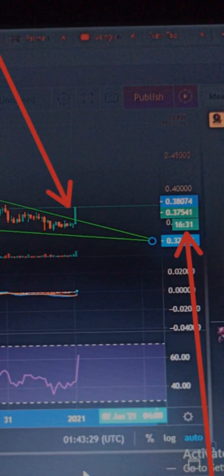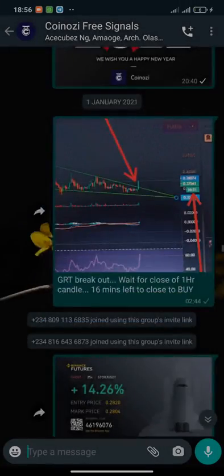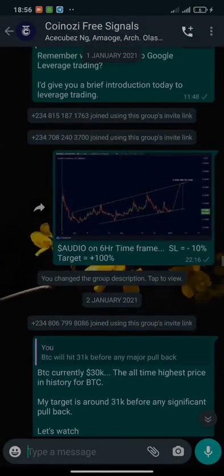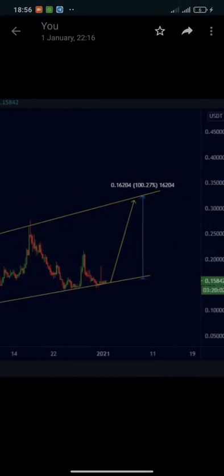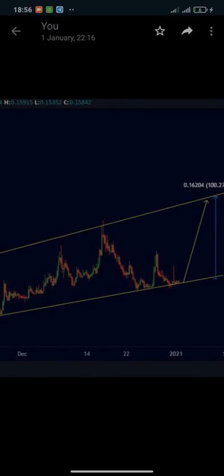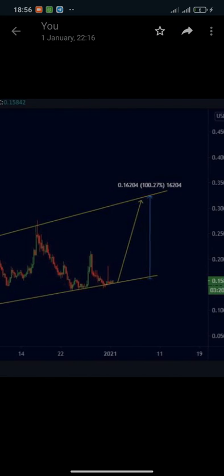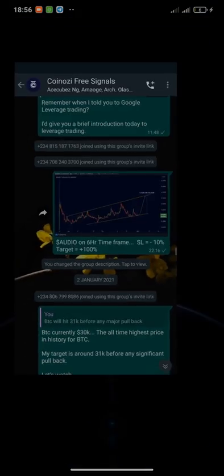So when I post a chart like this and I say buy after the breakout, it means after the candle has exited that resistance, whether it's a diagonal resistance or a horizontal resistance, you buy. And then for a chart like this, you buy after it has rebounded up from this bottom diagonal support, right? So that's it. Then now you go to your Binance.